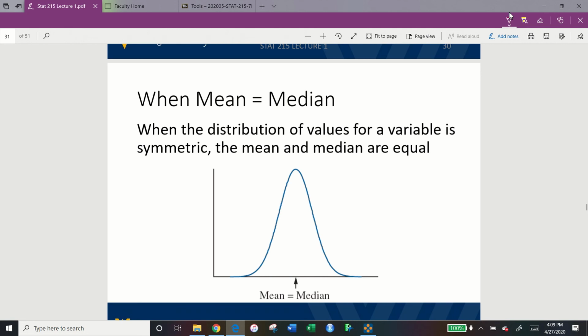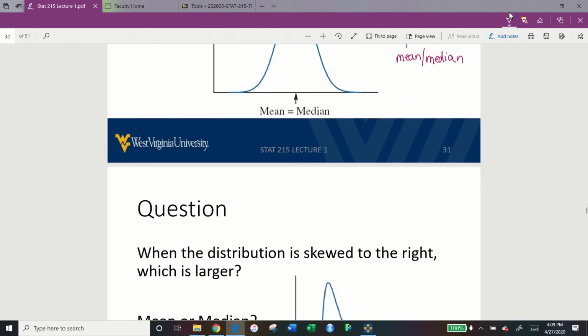If we have a distribution of values that are symmetric, think back to our symmetric and unimodal histogram. That means our mean and our median are going to be approximately equal. Specifically, we should find them at the center of our histogram or distribution.